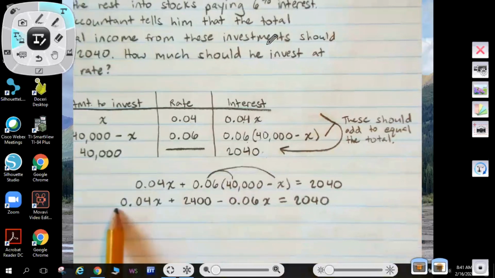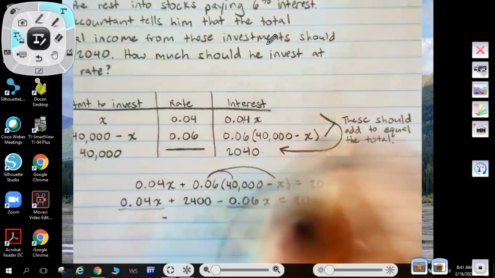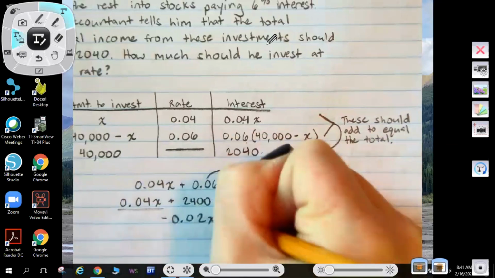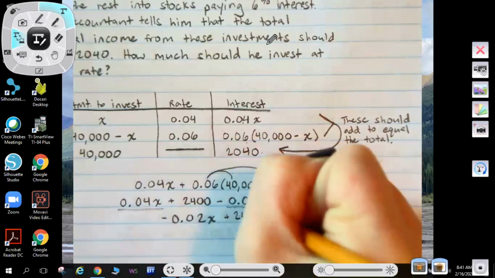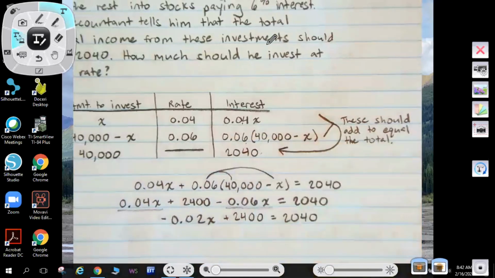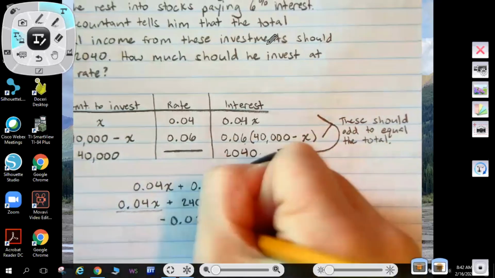Combine like terms. So we've got 0.04x minus 0.06x. That gives us negative 0.02x. Subtract 2,400 from both sides.